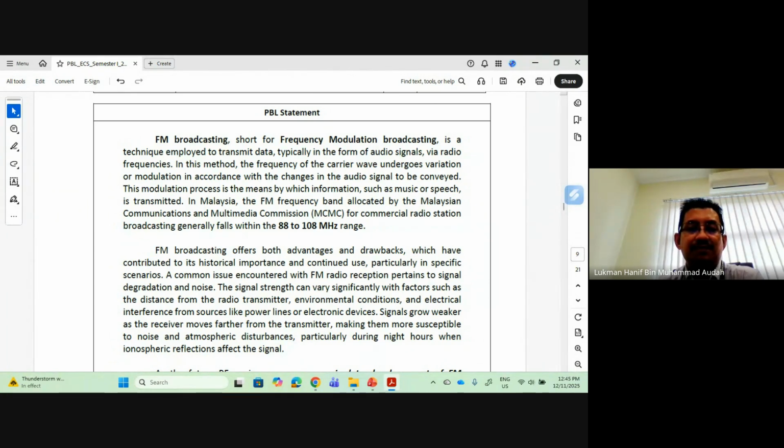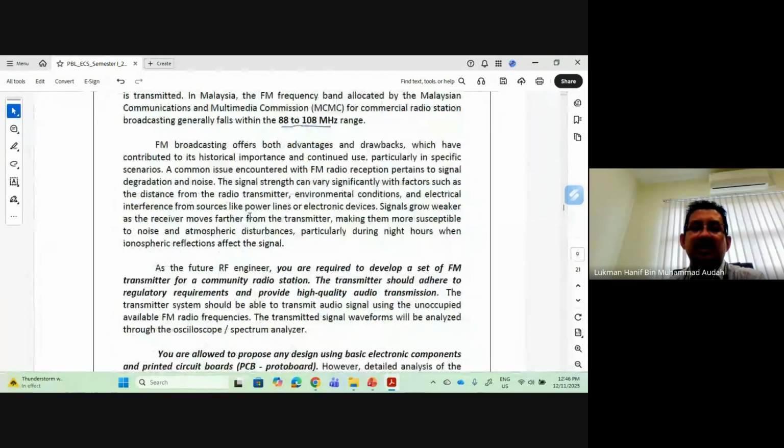In Malaysia, the FM frequency band allocated by the MCMC for the commercial radio station falls between 88 to 108 megahertz of range. Okay. And then this FM broadcasting offers both advantages and drawbacks, which have contributed to its historical importance and continued use.